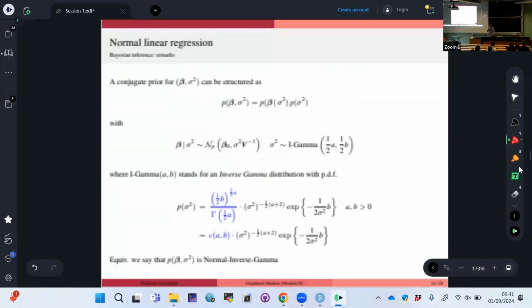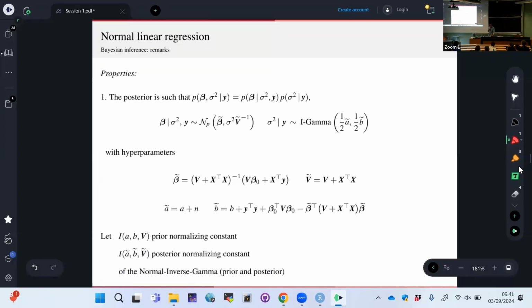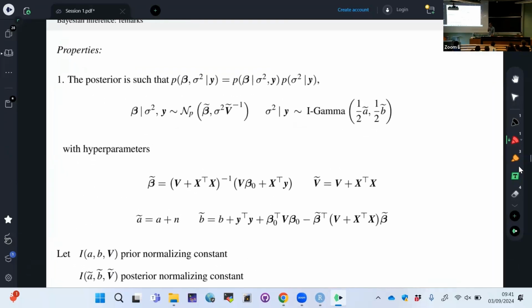So, properties of this conjugate prior. Of course, the posterior is still multivariate normal inverse gamma, with the parameters that I will index with this tilde symbol here.